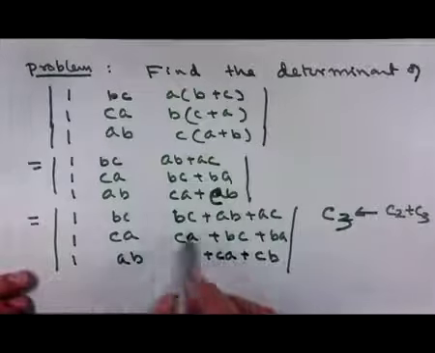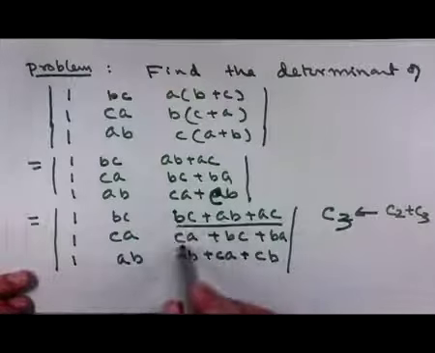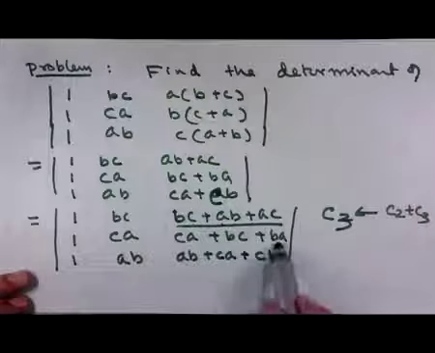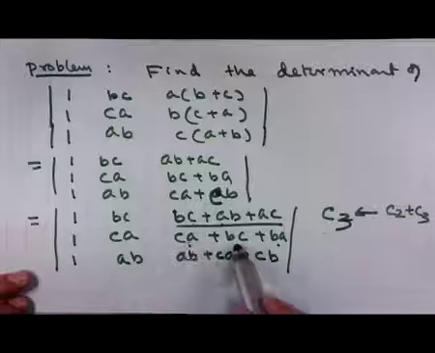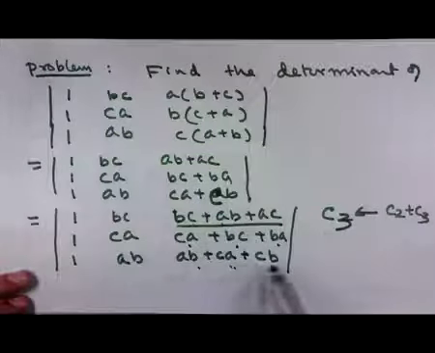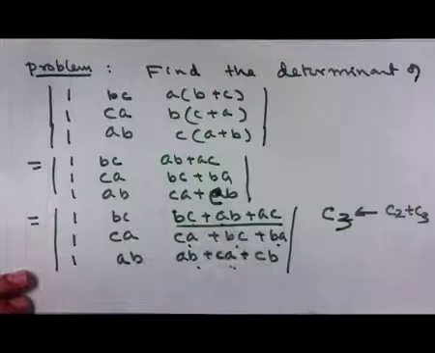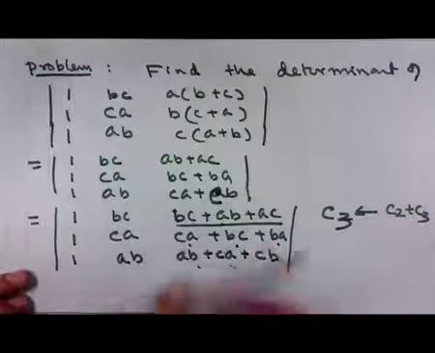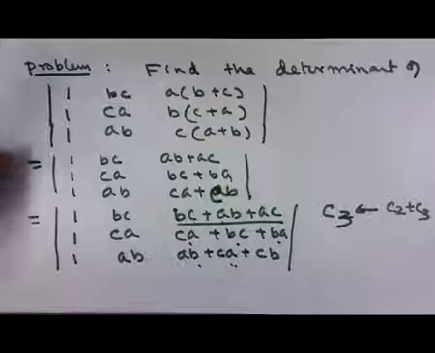Now, let us look at these elements. It is ab plus ac plus bc, it is ab plus ac plus bc, and this is also ab plus ac plus bc. So, all the elements of the third column are being multiplied by the same constant.